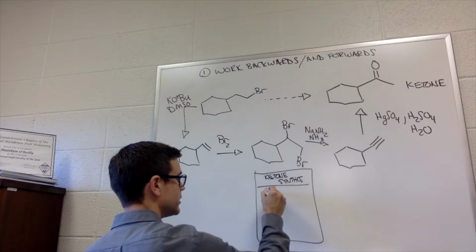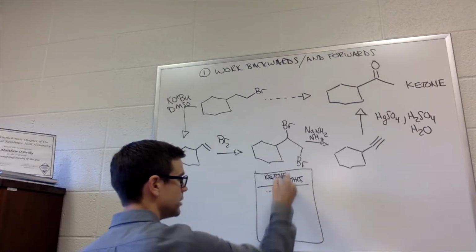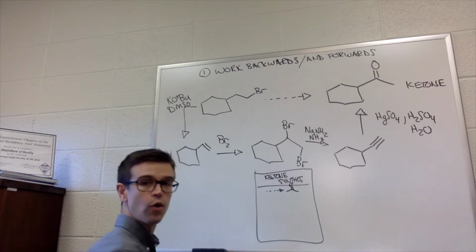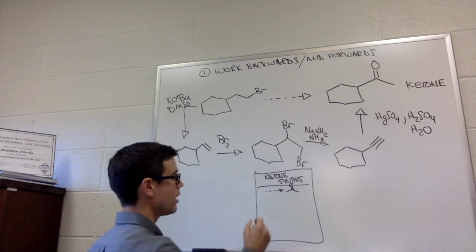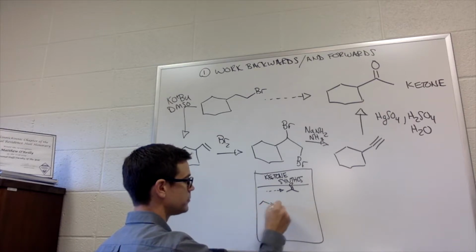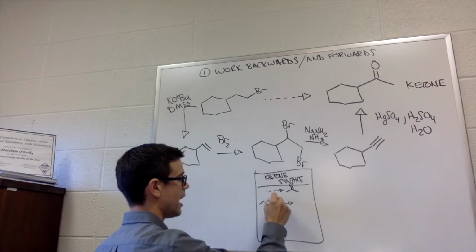On the ketone synthesis reaction sheet, somehow we're making some type of ketone. The only way that we can do that right now is by starting with some alkyne and then hydrating that.